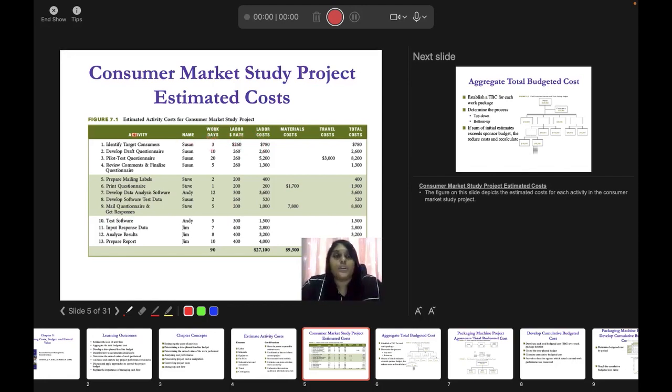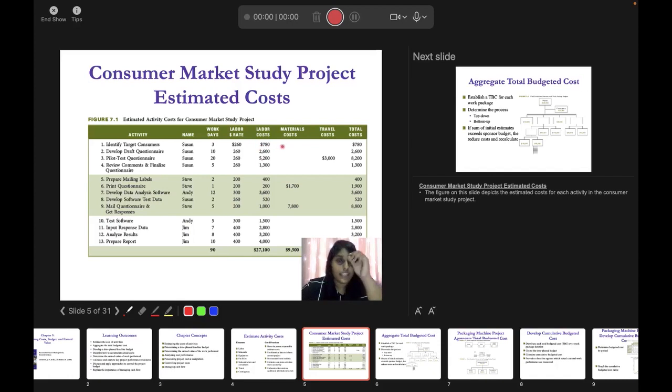So that means activity 1, identifying target consumers, will be done by Susan for 3 days. She is going to do this job for 3 days and the rate per day is 260. She is going to get a pay of 260 per day and the overall pay for her is going to be 780. 260 times 3, you get 780.